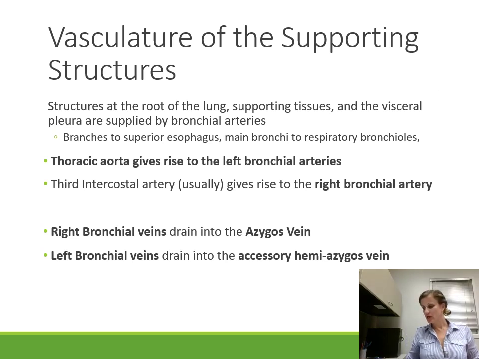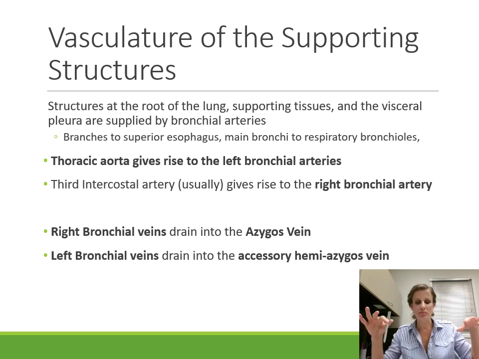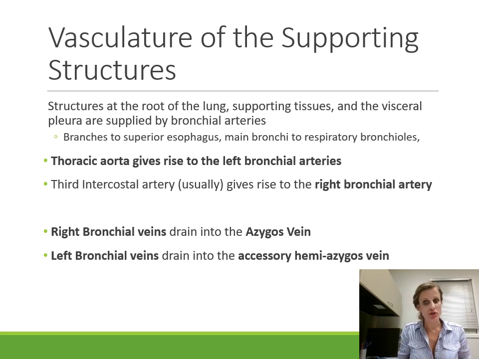The pulmonary arteries and veins that we just mentioned are supplying the actual lung tissue. We have additional arteries and additional veins that bring blood to and from the supporting structures. So think about the structures that go into the root, like the bronchi, as well as other supporting tissues and the visceral pleura, the tubes of the bronchial tree.